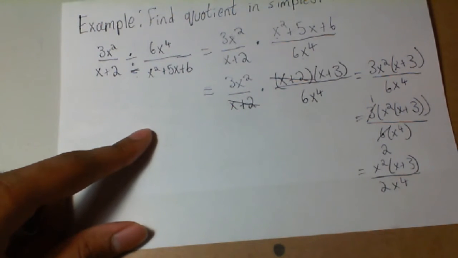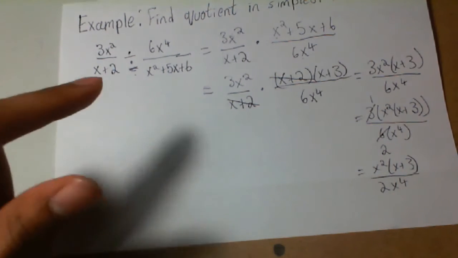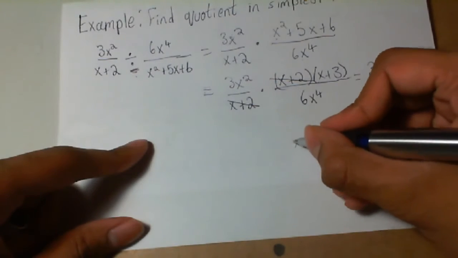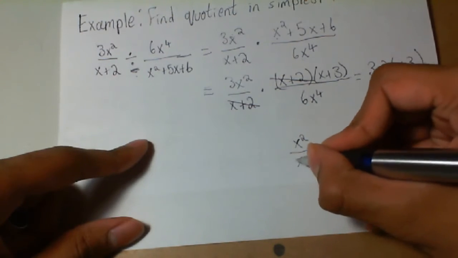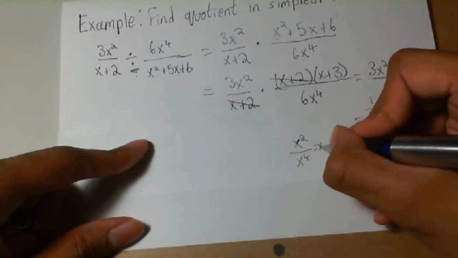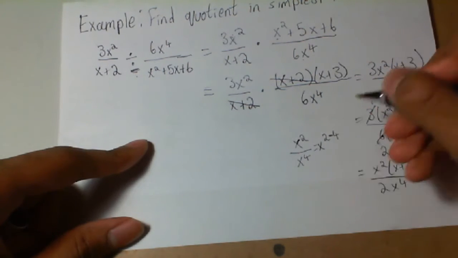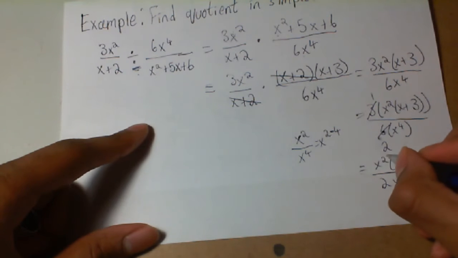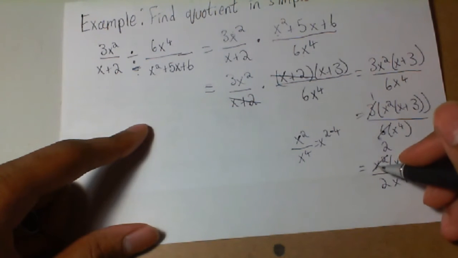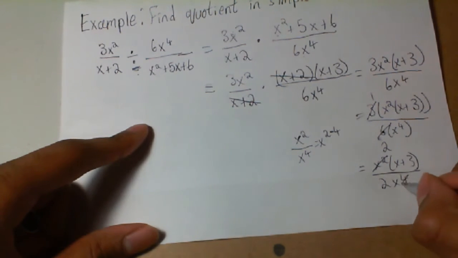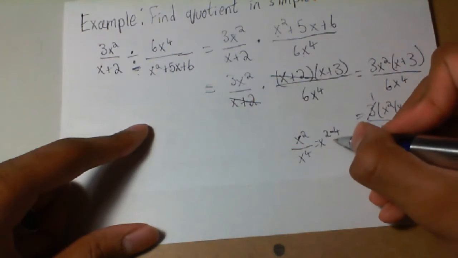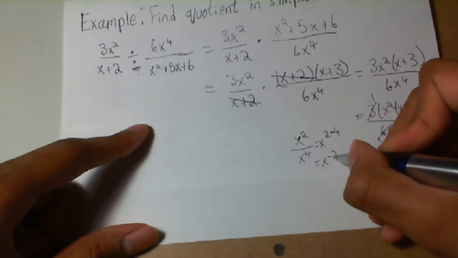And if you remember the exponent rules back when I showed you guys, if we have the same base, it's the same thing as x to the 2 minus 4, right? So that's exactly what we're going to do. So we're going to cancel the x squared on top and make this 2, because 2 minus 4 is the same thing as x to the negative 2, right?